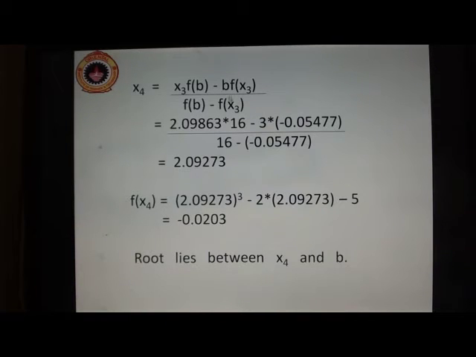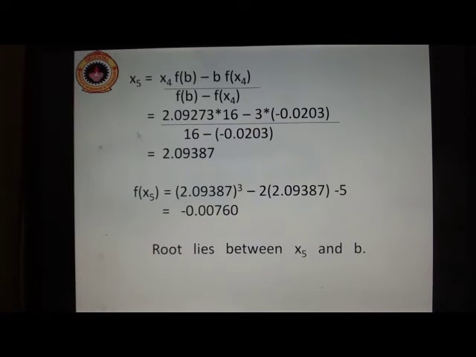Similarly, x4, the root between x3 and b, gives 2.09273. Here f(x4) is negative. Therefore the root lies between x4 and b. Now x5, substituting the values of x4 and b, gives 2.09387.